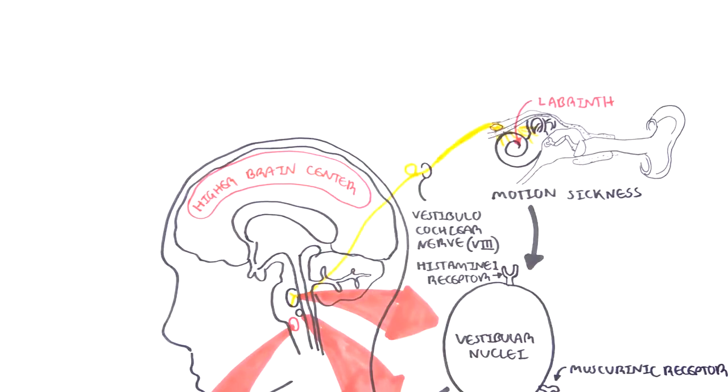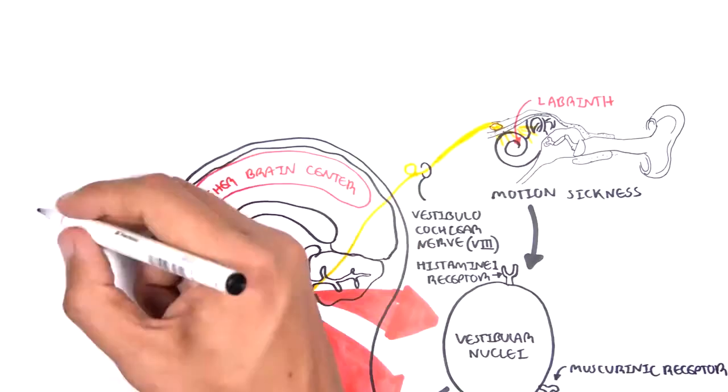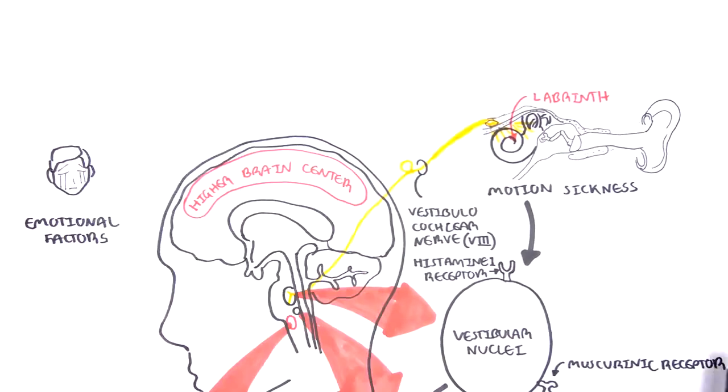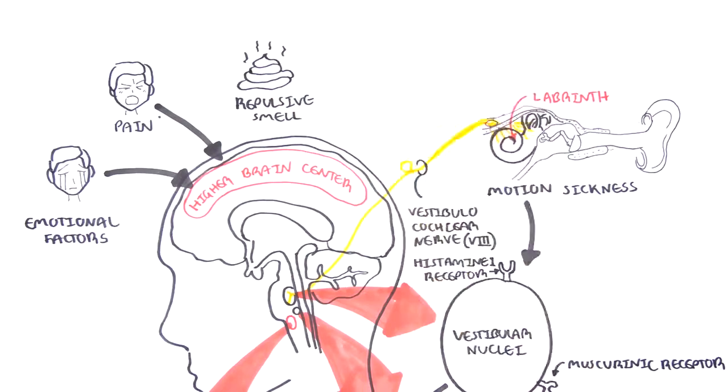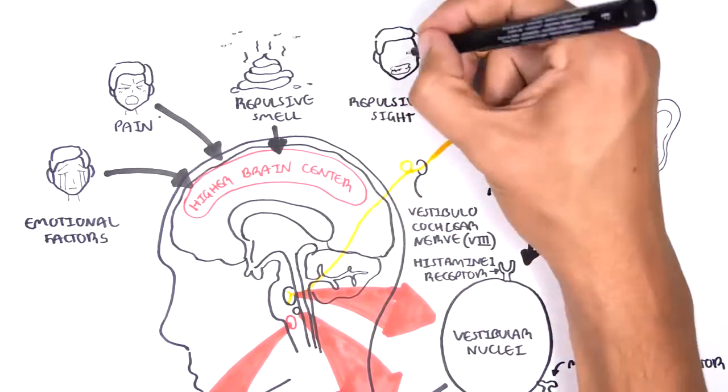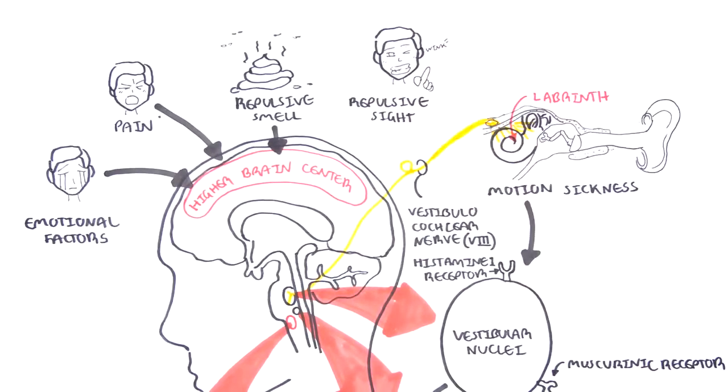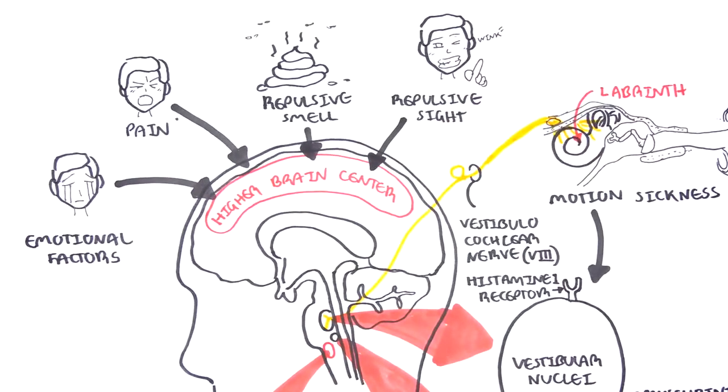So what I mean is that, for example, when people are emotionally overwhelmed, or when people are in severe pain, or when they smell something really bad, or they see something repulsive, essentially all this stuff will get sensed by the brain, by the higher centers of the brain.